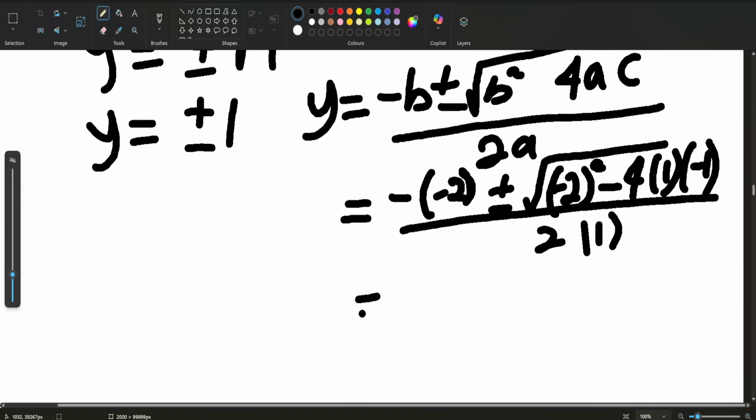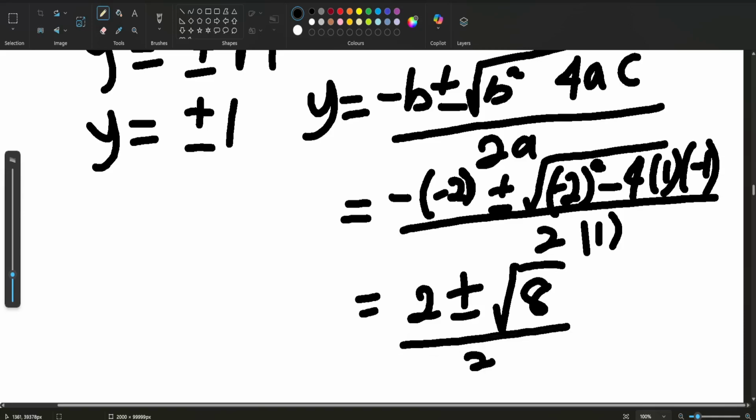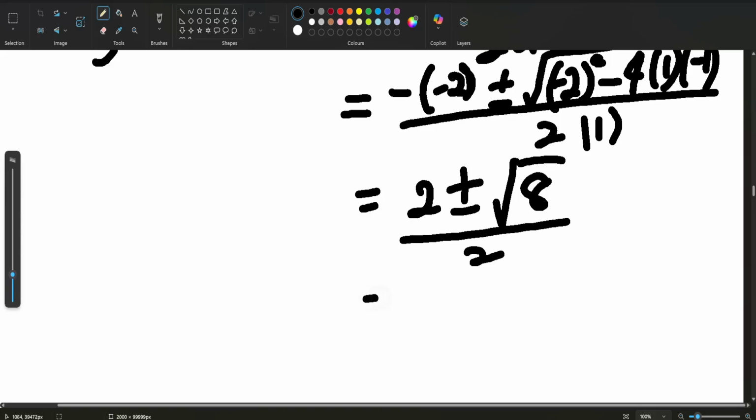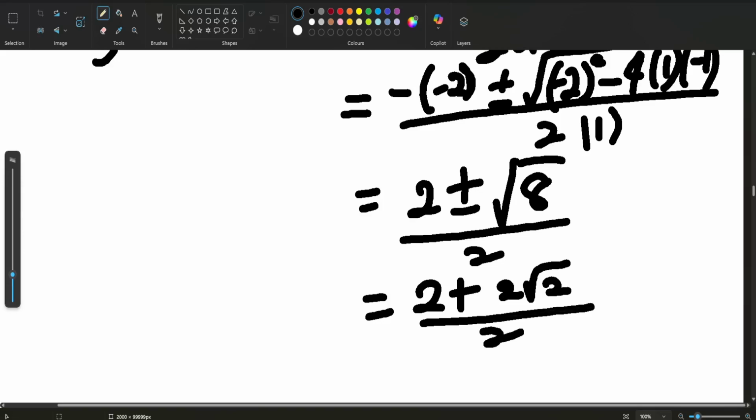So this becomes 2 plus or minus square root of, this is going to be 4, and this is going to be 4 too. 4 plus 4, that will be 8, right? All over 2. And we know that 8 is 4 times 2, so that will be 2 root 2. So 2 plus or minus 2 root 2 all over 2.